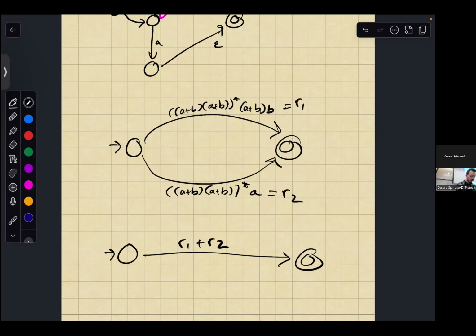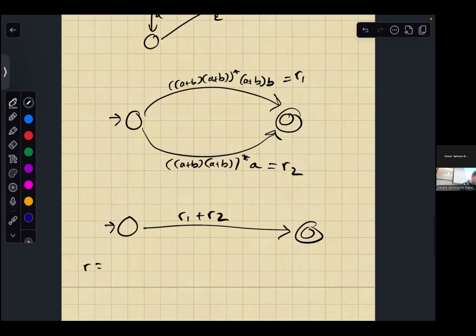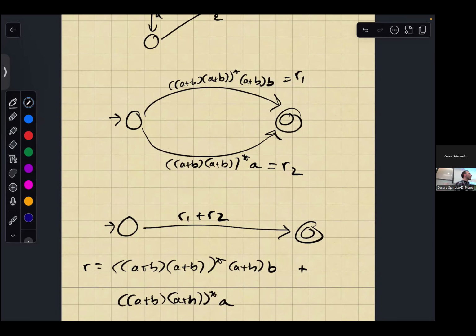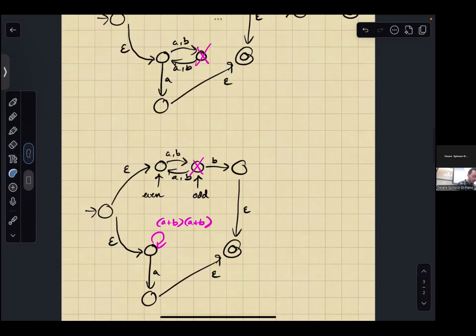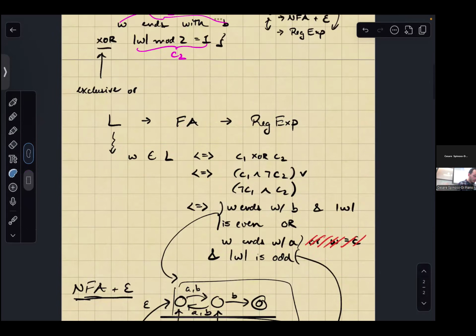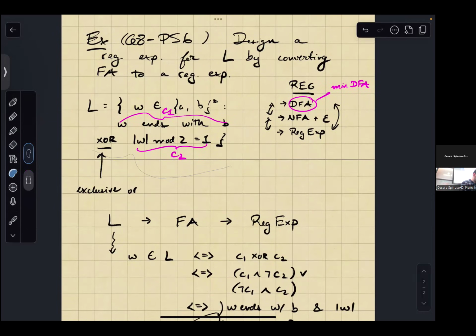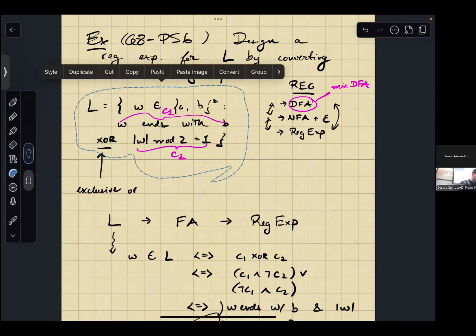So then the final regular expression R is going to be A plus B whole star, then A plus B, B, or A plus B whole star, and then A, right? If we remember what the initial language was, I'll show you why this makes sense.